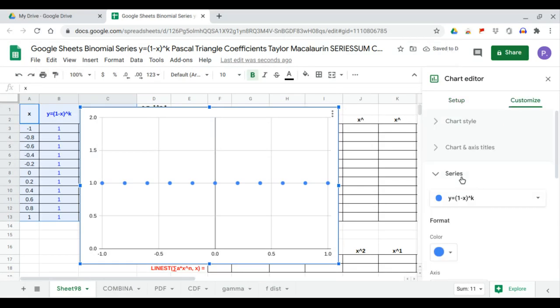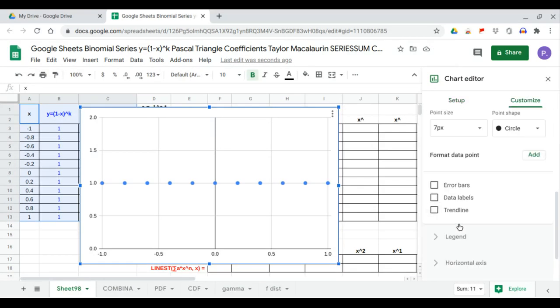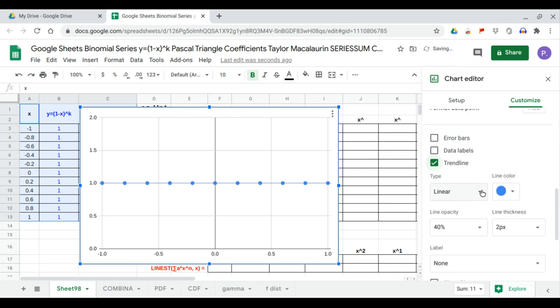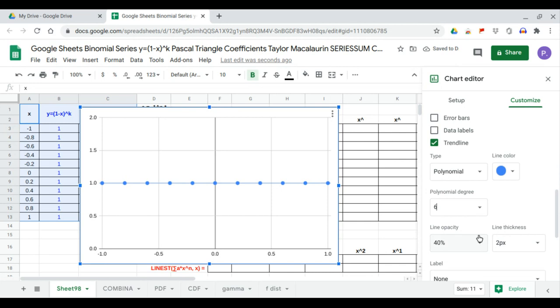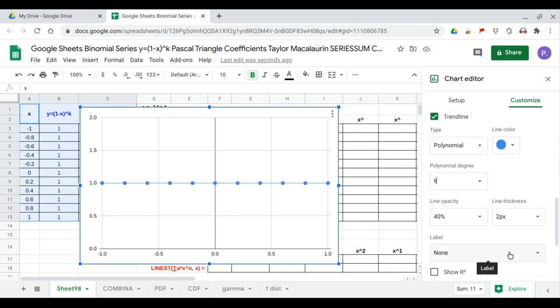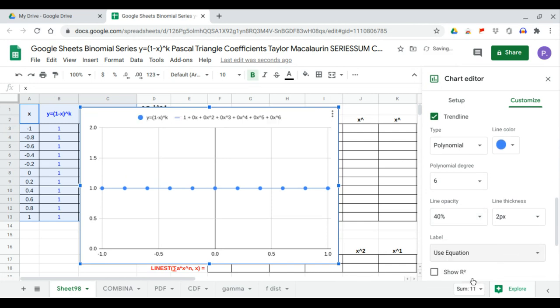And we generate the trend line equation. So the trend line, polynomial raised to the power, we'll put 6 because our k values will be from 0 to 6, and use the equation.